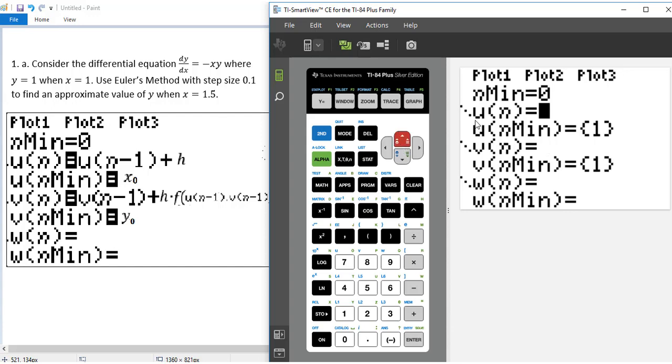Then for the u sub n equals, u will be this one. Second 7, that will be u, parentheses, n minus 1. Then you need to plus h, the step size 0.1.